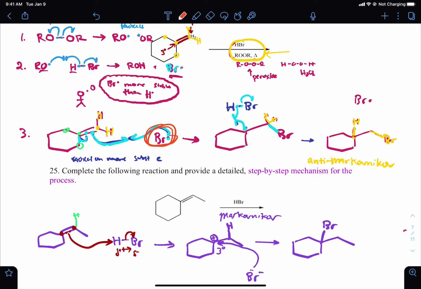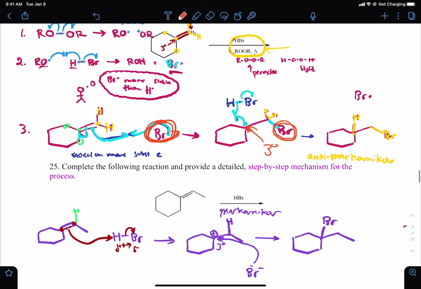The bromine goes on first and makes the tertiary radical. See that? We still get the octet deficient species on the more substituted carbon. But we do so by putting the bromine on first, because we have a bromine radical at this point.